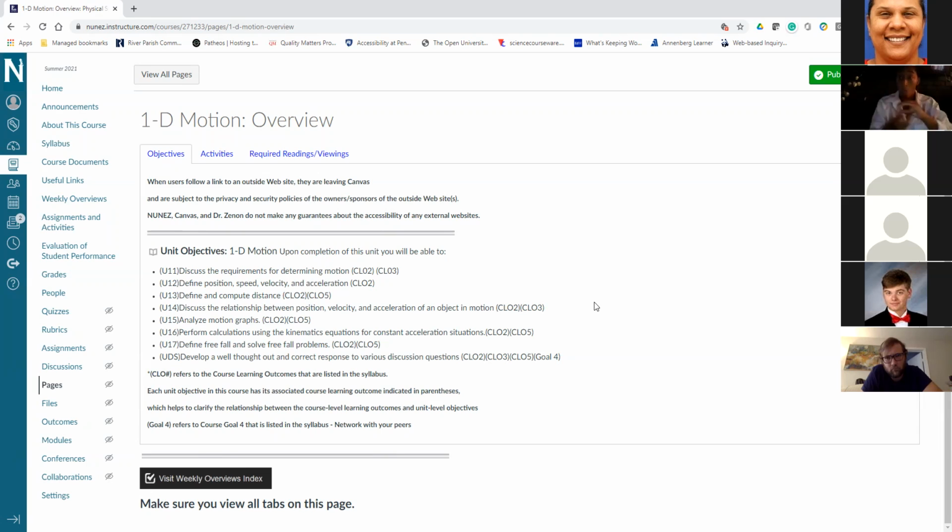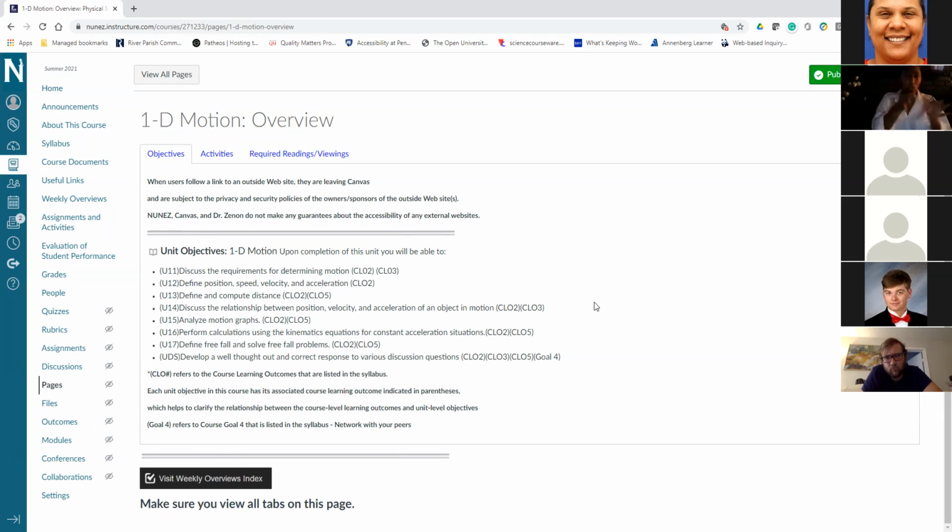We're going to be relying on our understanding of this idea of a quantity or a property, and on our understanding of measurements and units, so that we can then describe an object that is in motion.